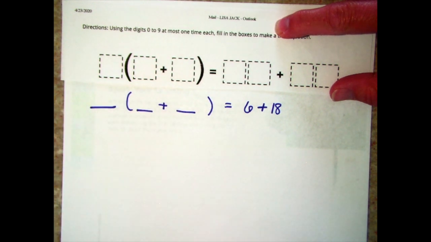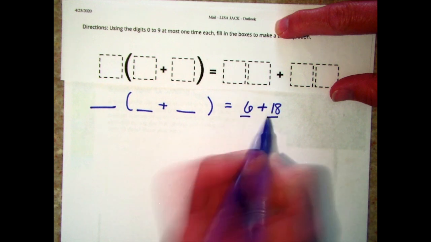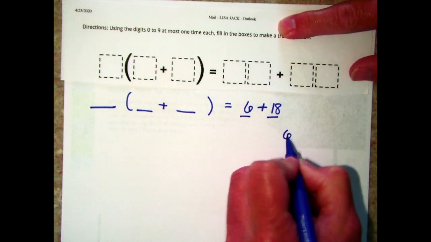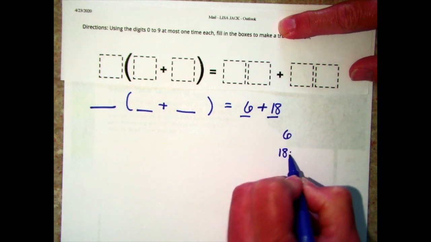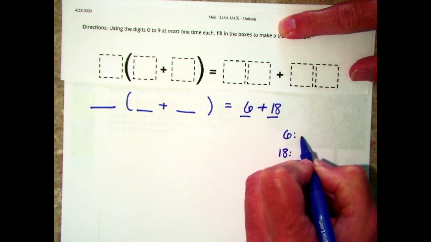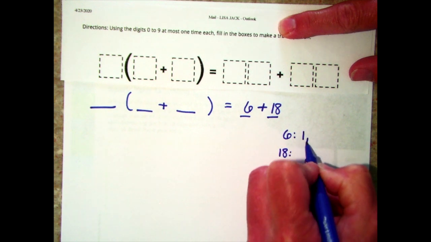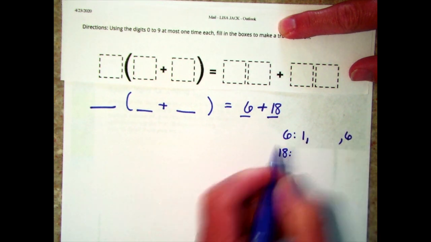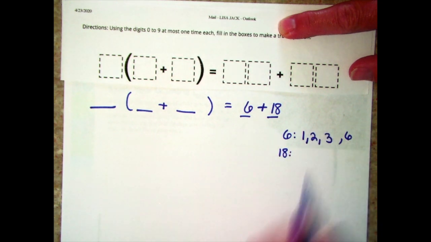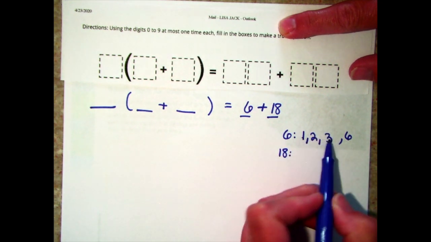So I'm going to take this number and this number, 6 and 18, and I'm going to factor them out first. So let's take the 6. Factors of 6 are 1 times 6 is 6. 2 times 3 is 6. So our factors are 1, 2, 3, and 6.